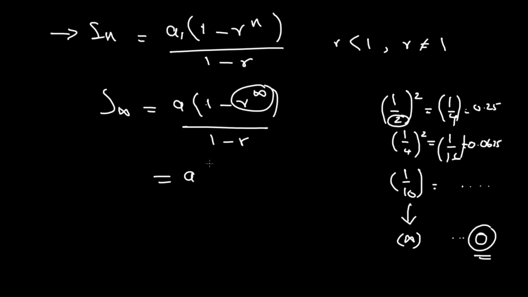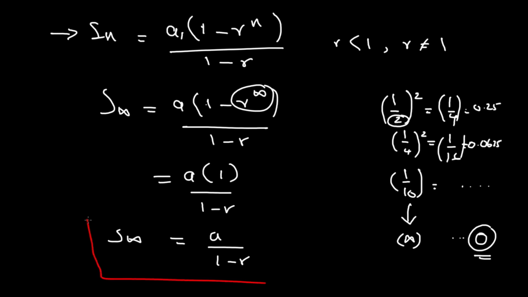So we're going to have 1 over 1 minus r. So when you approach infinity, this is going to be the sum of a GP. Very easy to derive.